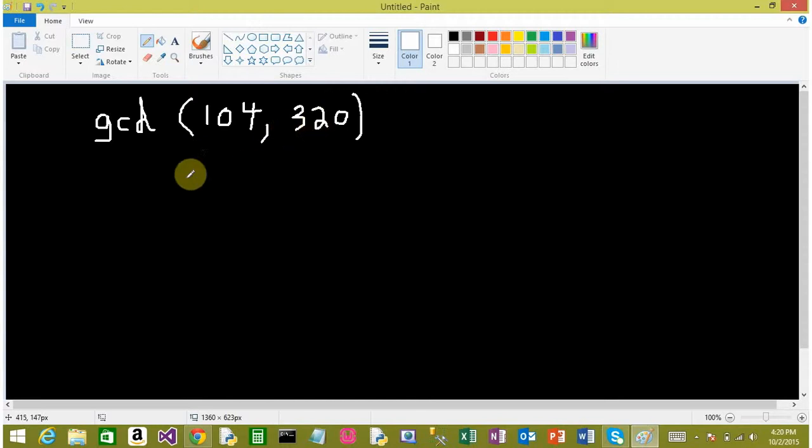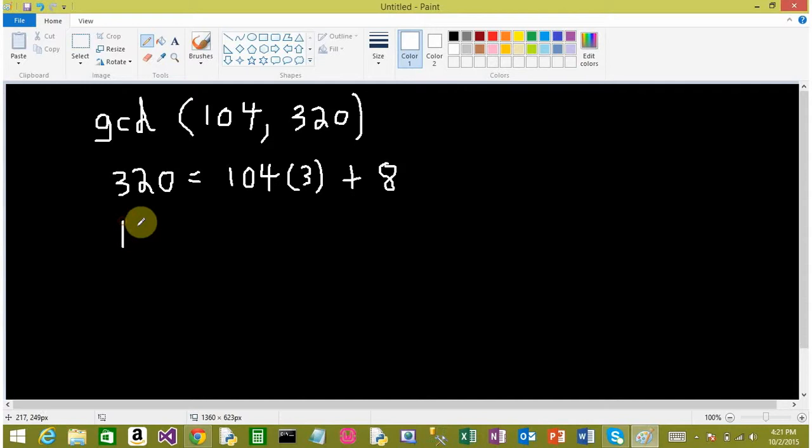So we'll start out with 320, and we say that's going to be 104 times, and I believe 104 goes into 320 probably 3 times. 3 times 104 is 312, so we have 8 left over.